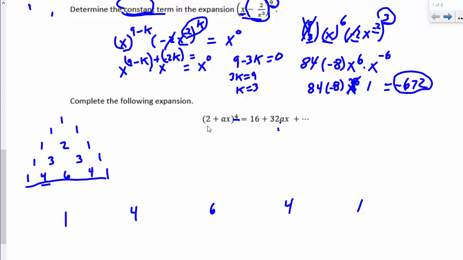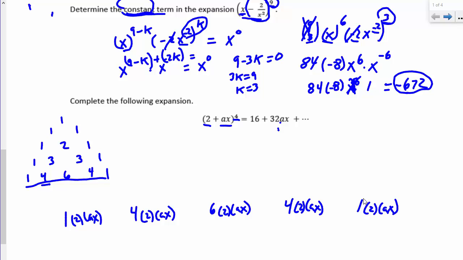My a in this case is 2 and my b is ax. So we're going to multiply these and write that after every number. So it's going to be 2 times ax, again 2 times ax, 2 times ax, 2 times ax, 2 times ax.